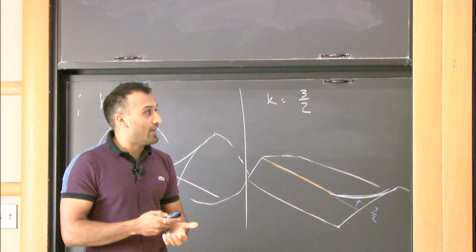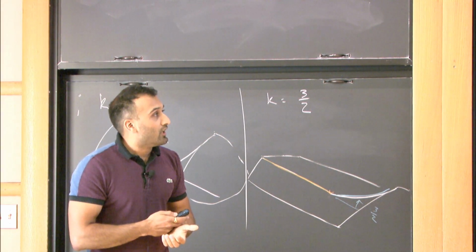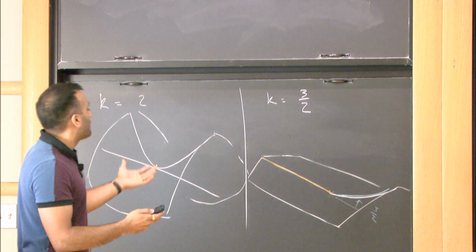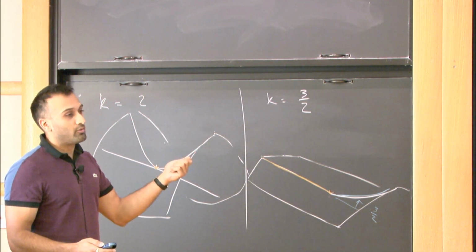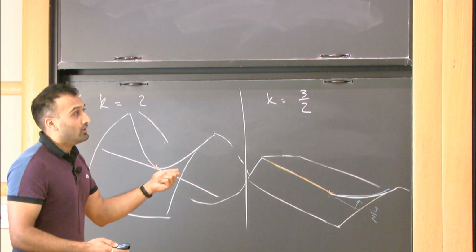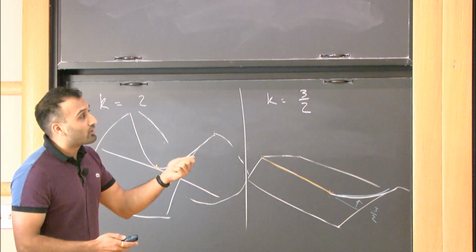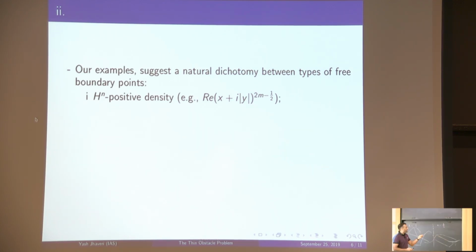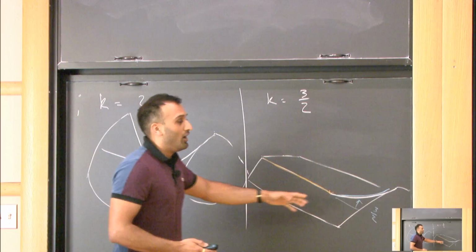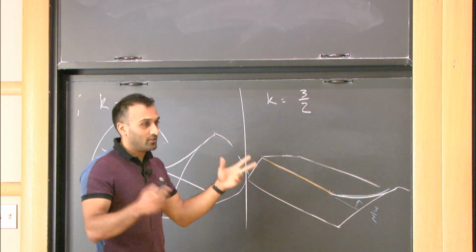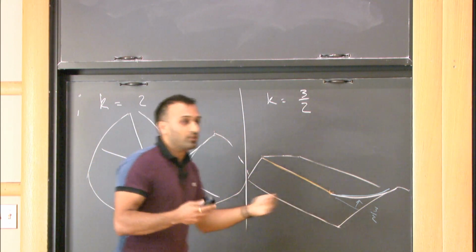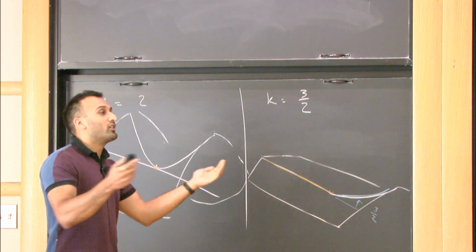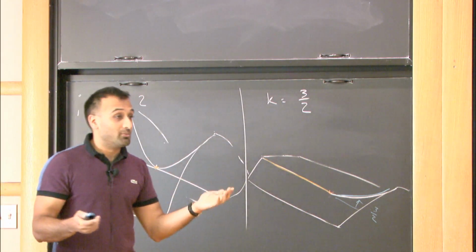And you might say, well, what happens next? Right? And you look at these examples again, and there's a natural dichotomy that shows up with respect to free boundary points and the contact set. First, the H^n positive density points, which correspond to this example, where I have a contact set that's basically n-dimensional, and then my free boundary looks like what you'd expect the boundary of a smooth set to be.